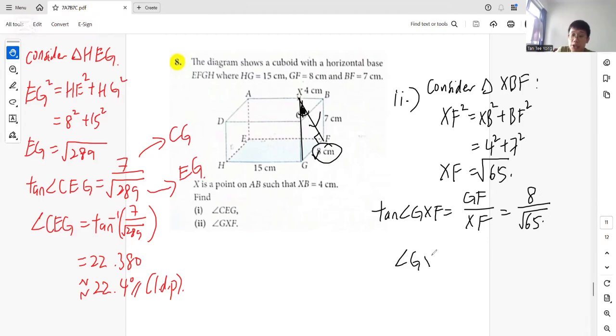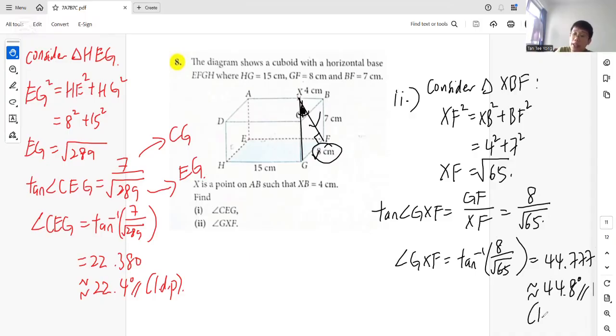So angle GXF equals tangent inverse of 8 over square root 65, which gives me 44.777. Then I round off to 44.8 degrees, 1 dp. Okay, so this is it for question 8.